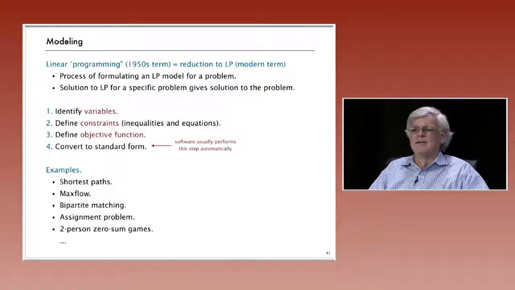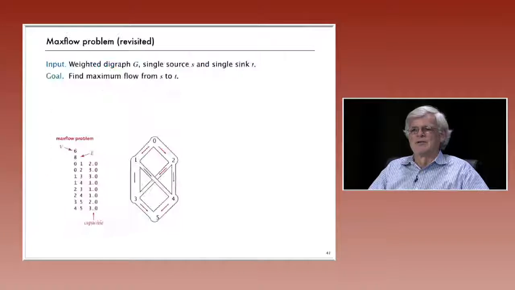So let's look at some examples that I've said reduced to linear programming problems, or can be modeled as linear programming problems. And we'll just use the modern term of reduction. So for example, max flow problem. So this is the max flow problem that we considered.